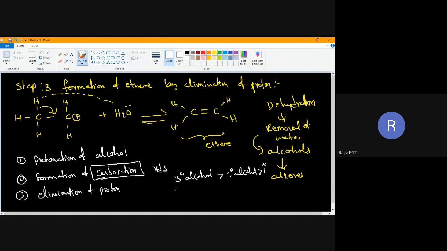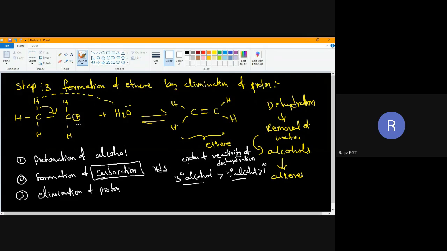The order of reactivity of dehydration: tertiary first, then secondary, then primary.